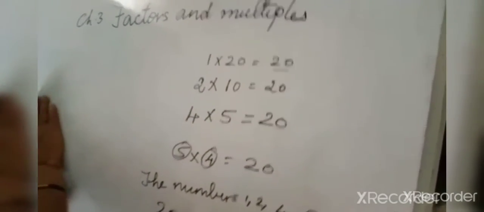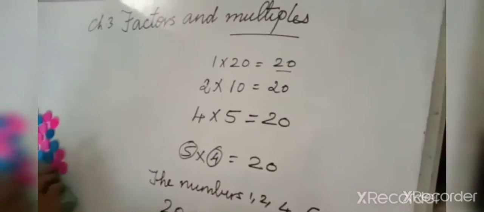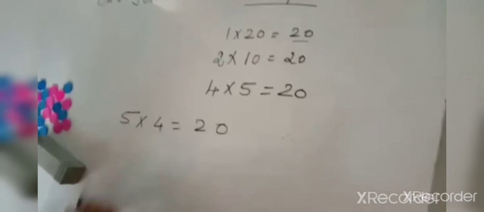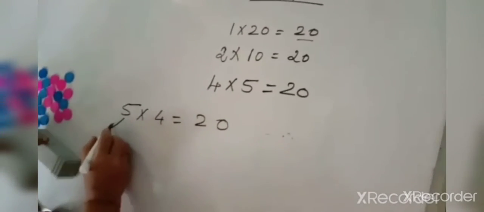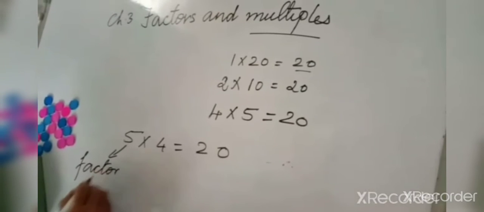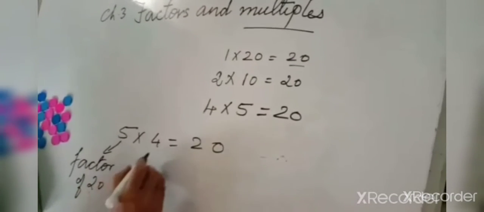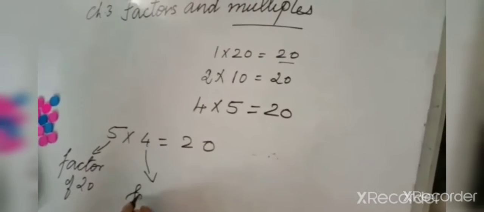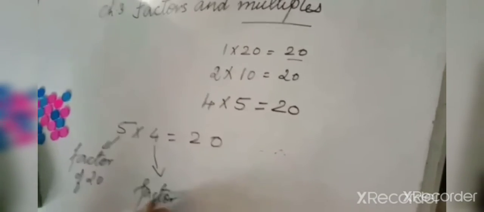Now the same example, let me give you one example of a multiple. Now what is a multiple? Suppose I take 5 into 4 is equal to 20. Here we have already learned that 5 is a factor of 20, and 4 is also a factor of 20.